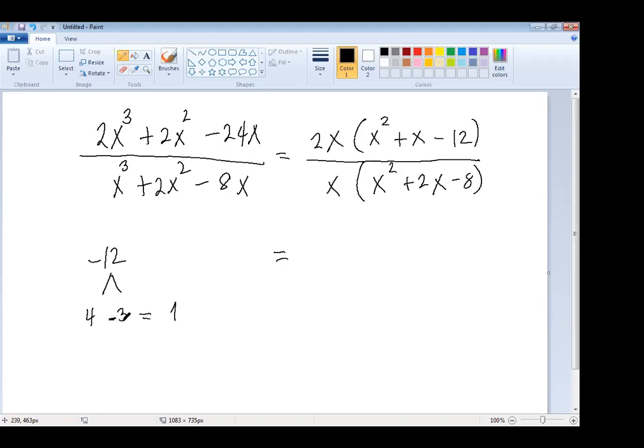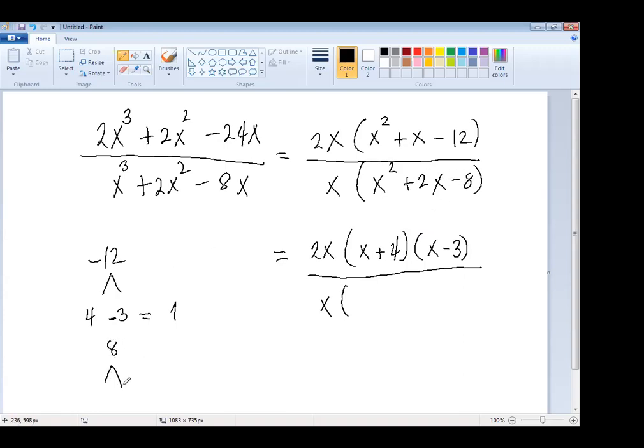So 4 times negative 3 is negative 12, and 4 minus 3 is positive 1. So therefore we now have 2x times x plus 4 times x minus 3. And then in the denominator part, we have x times, what are the factors of 8?